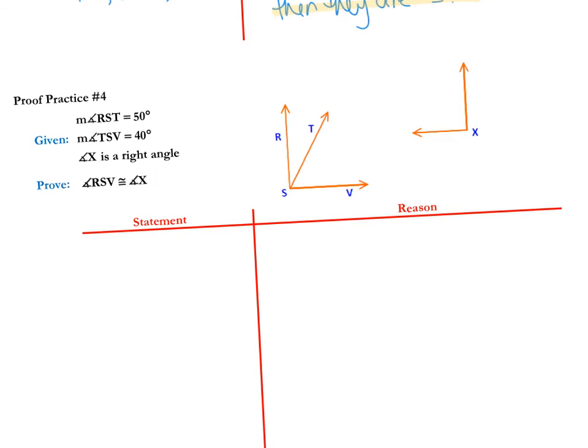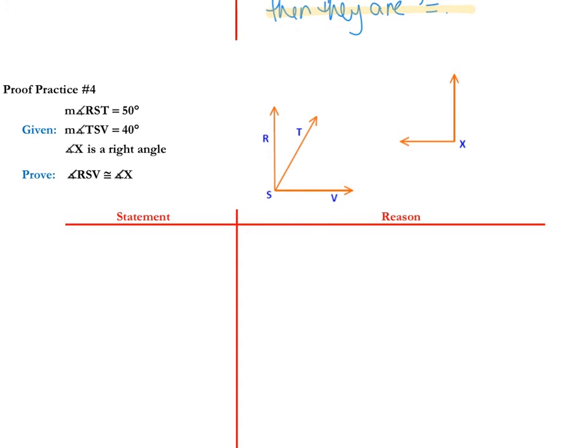Next example. So we're given a lot in this one. We know the measure of angle RST equals 50 degrees. We know that the measure of TSV is 40 degrees. And we know that angle X is a right angle.